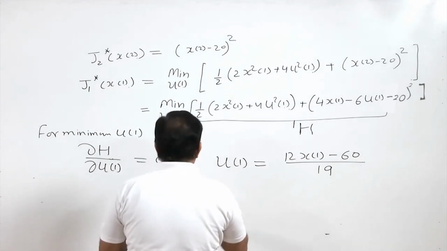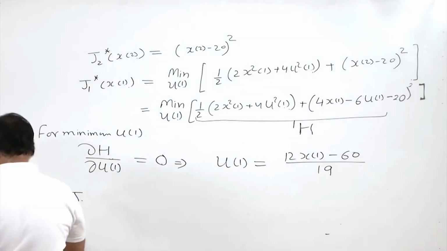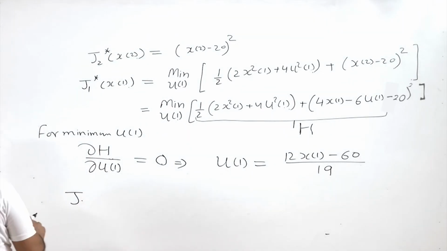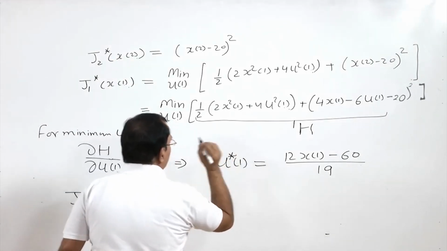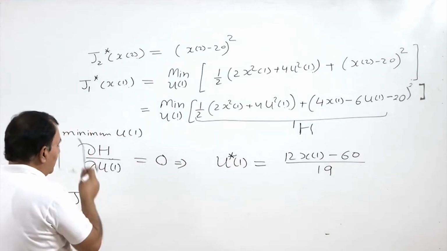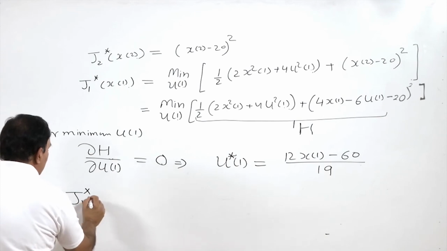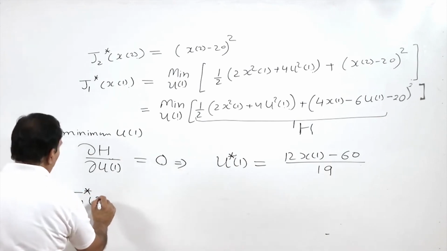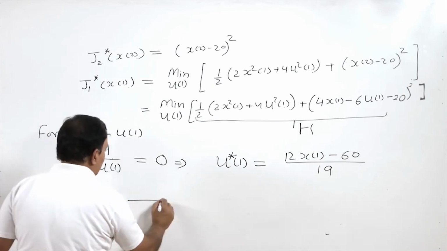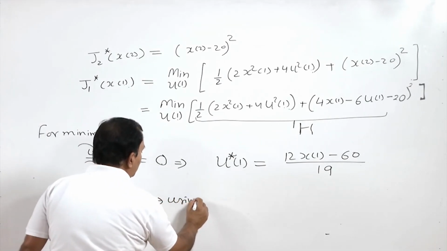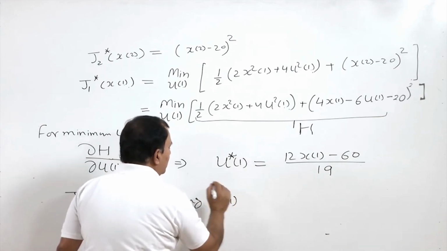With this value of u1, let us say this is u1, this is the optimal value. So, I can find out the optimal value of J1(x1) using u1 star.